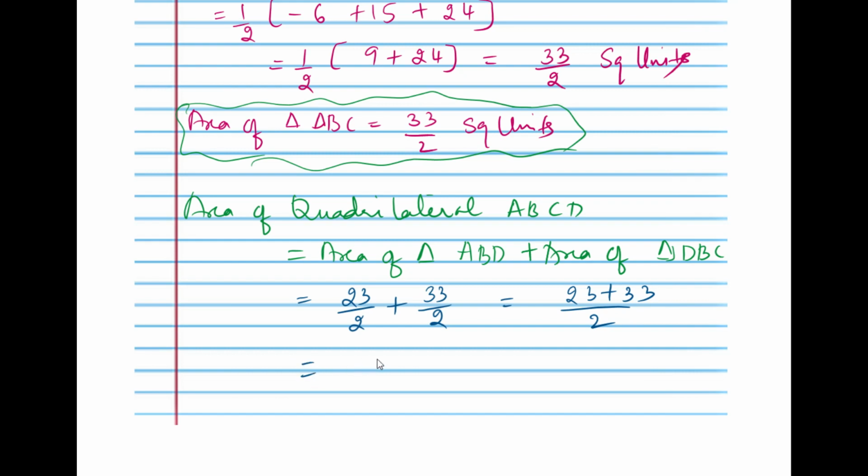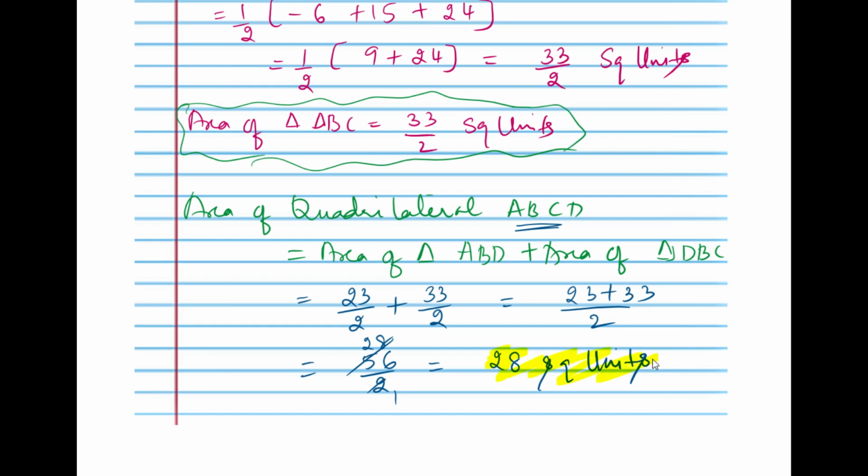We get 56 divided by 2, that is 28 square units. Therefore, area of quadrilateral ABCD is 28 square units.